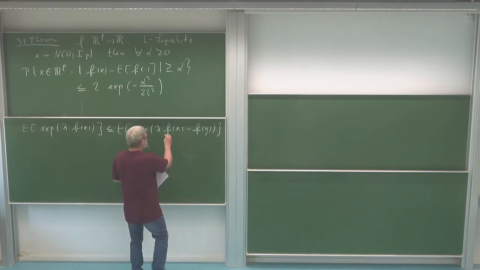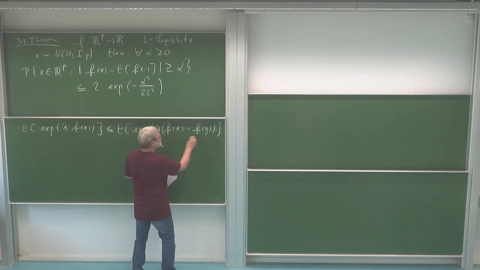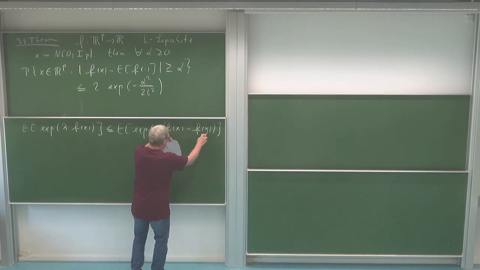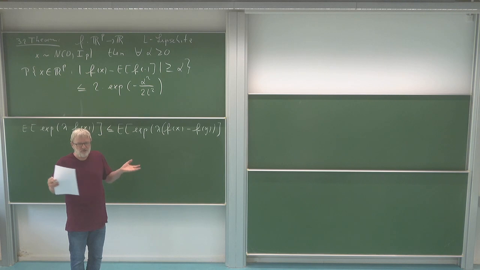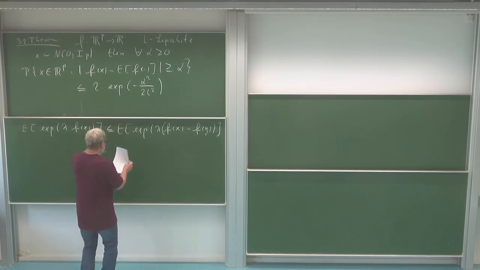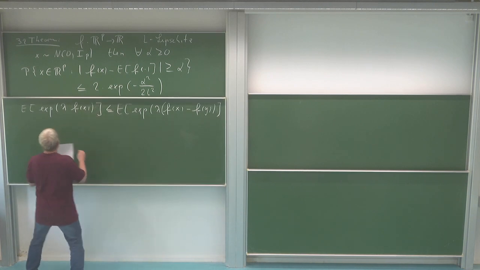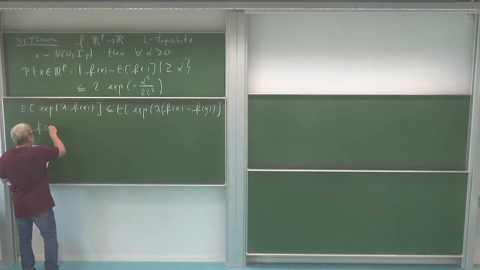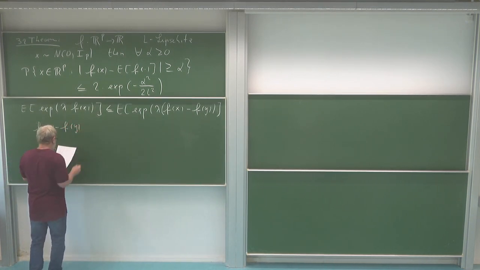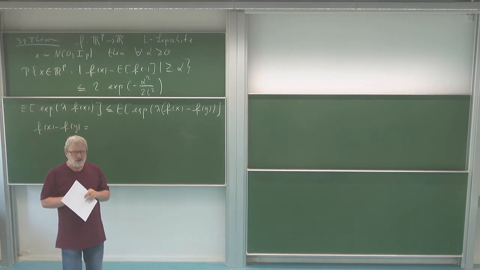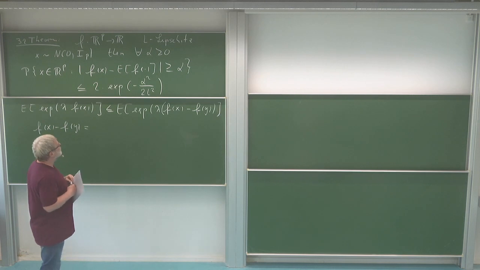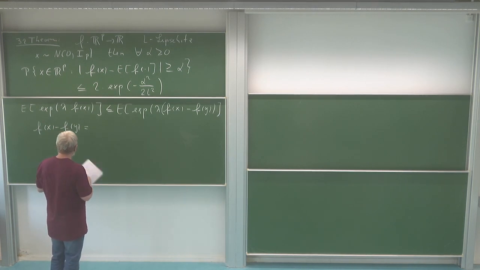But now the point is that this quantity here is something which we can control. It's hard to say something directly about f of x, but this difference we can control. We should control it in terms of the derivative of our function, because that's where we have control by our Lipschitz condition.